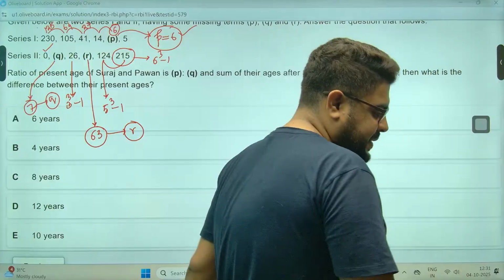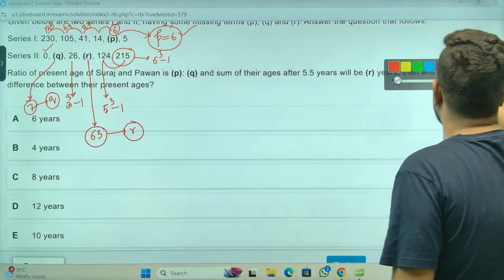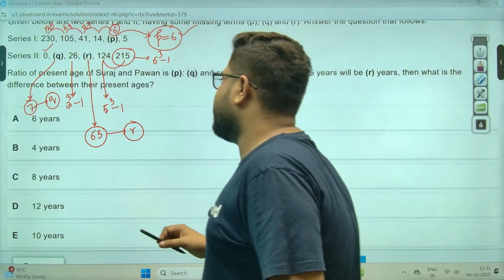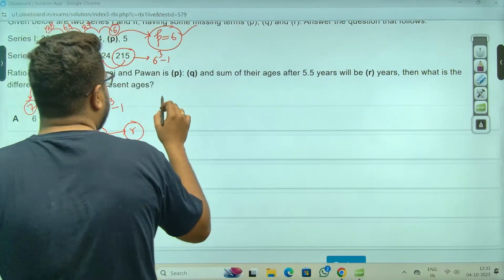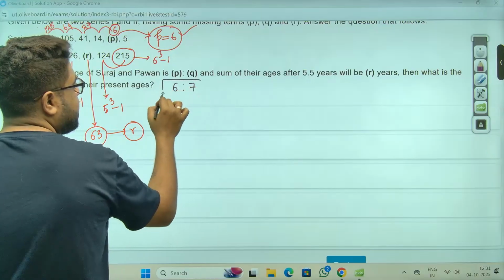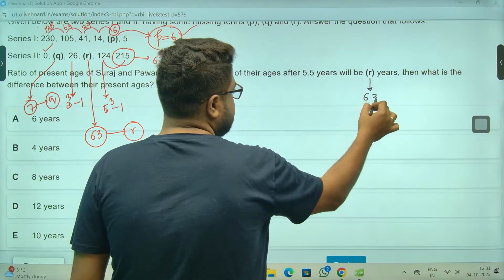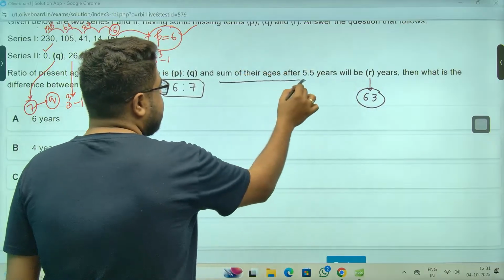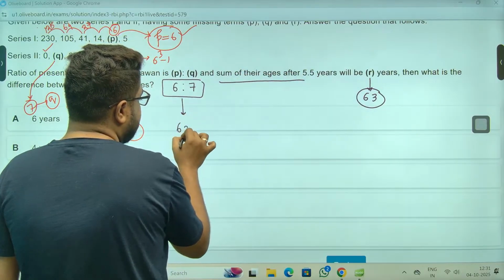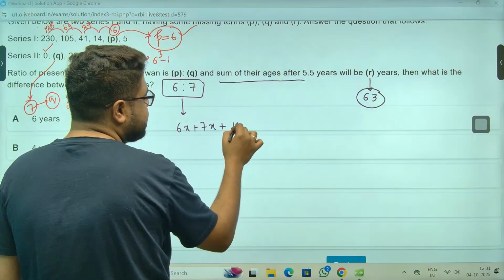Do the calculation. Simple calculation. Now, ratio of present age of Suraj and Pawan. Suraj is, sir, 6:7. And this is R. R is, sir, 63. So sum of the ages. So this is 6x plus 7x, 5 and 5.5 years for two persons, it will be 11.